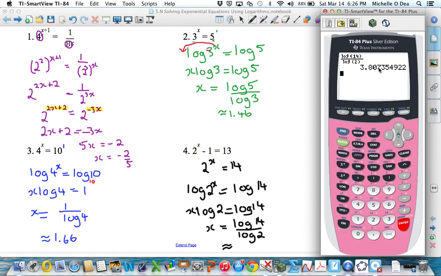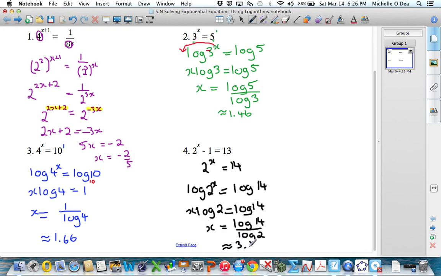Now this time the next number is bigger than 5, so we need to round that 0 up to 1, so it becomes 3.81. So that's an approximate answer, remember, 3.81. So that's how you solve log equations if you cannot write both sides as the same base. Okay, good luck with the rest of your questions.